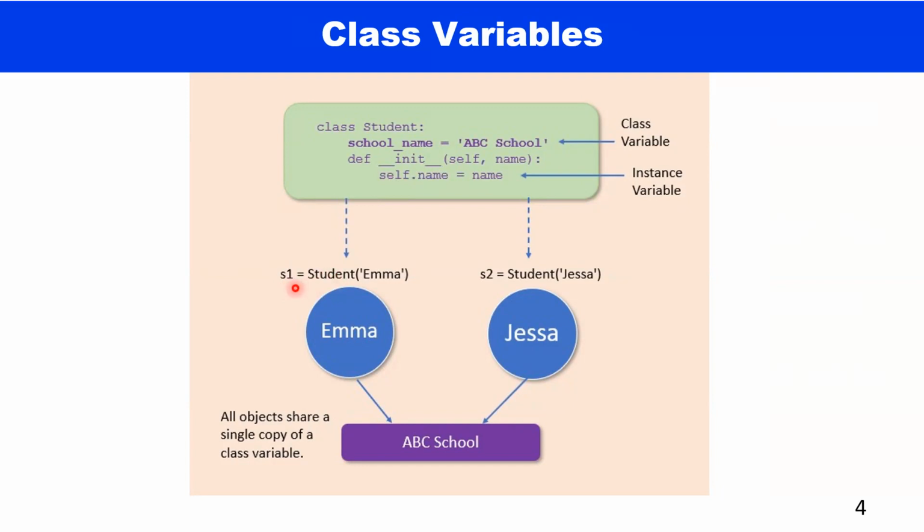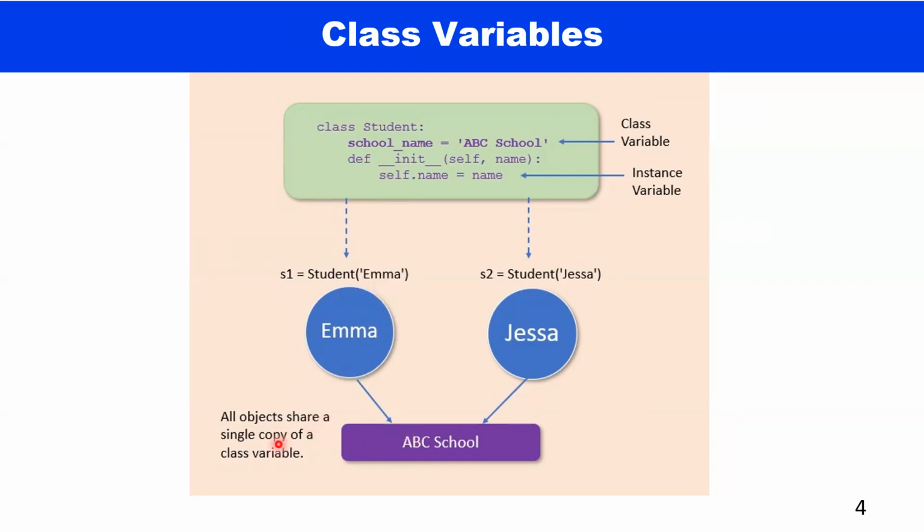When we create two objects, S1 equal to Student with name Emma and S2 equal to Student with name Jessa, name is called an instance variable, which has different values for different objects. On the other hand, both objects S1 and S2 have the same value for the class variable, which is ABC school.